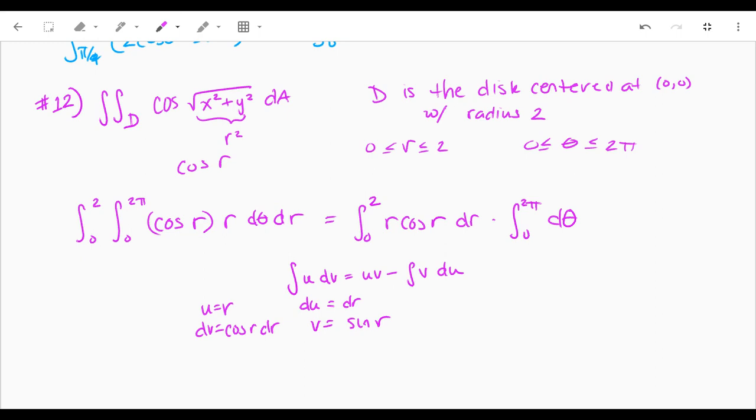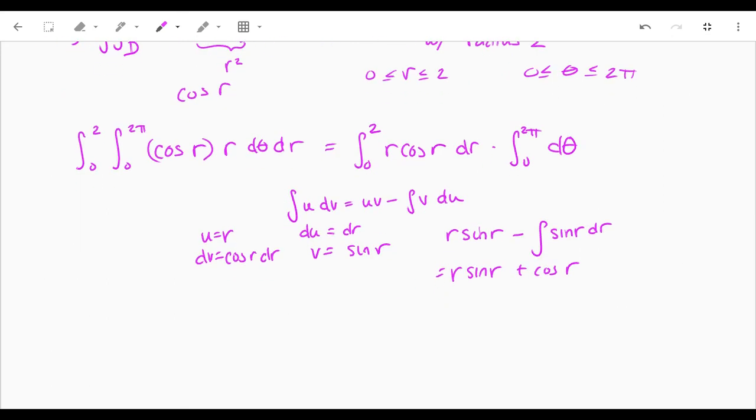So then we would have u times v, so r sine r, minus the integral of v, which is sine r, du, which is dr. So we'd have r sine r. The integral of sine would be negative cosine, so then we'd have plus cosine r. We'll evaluate that from 0 to 2.